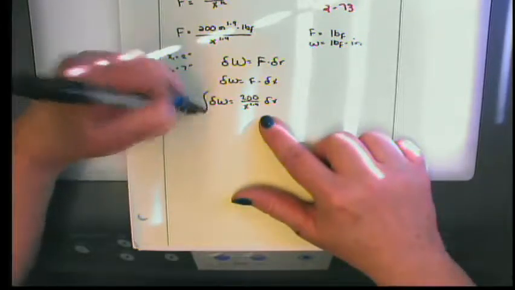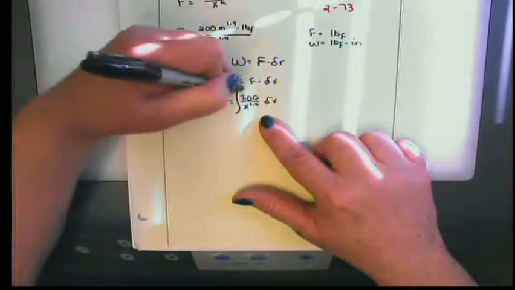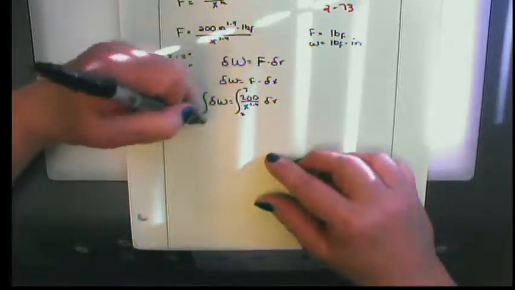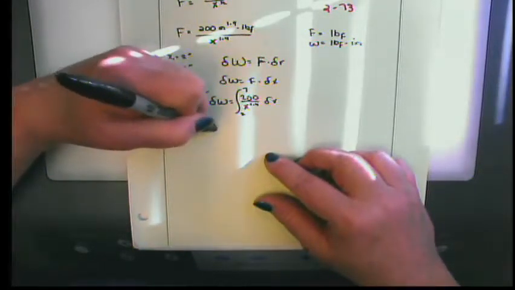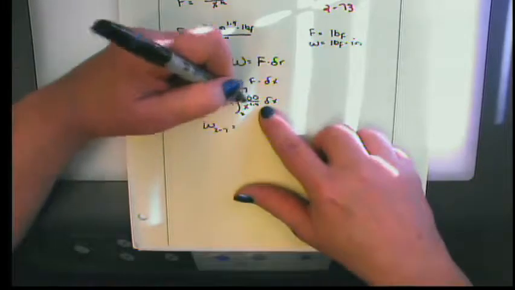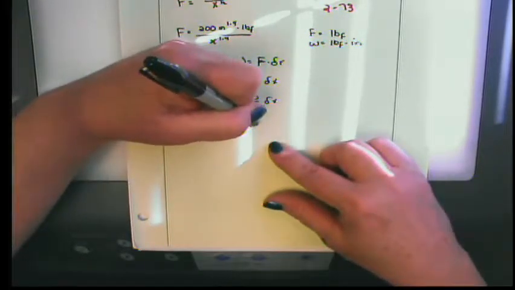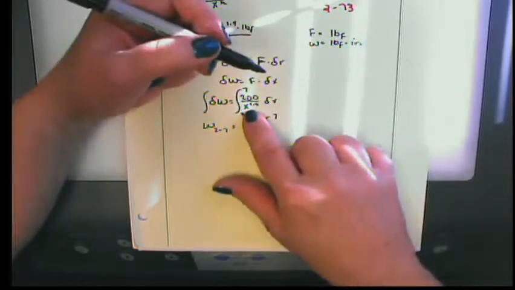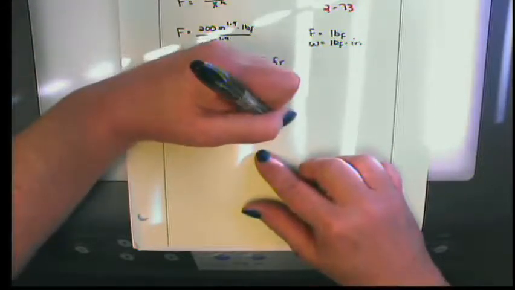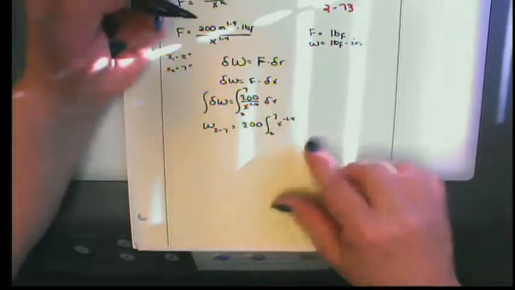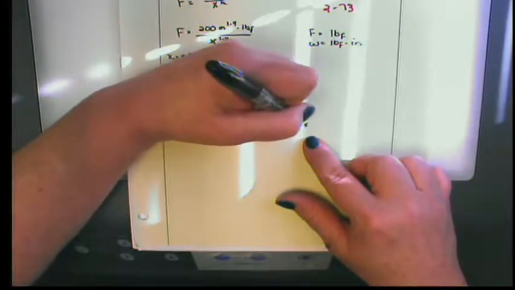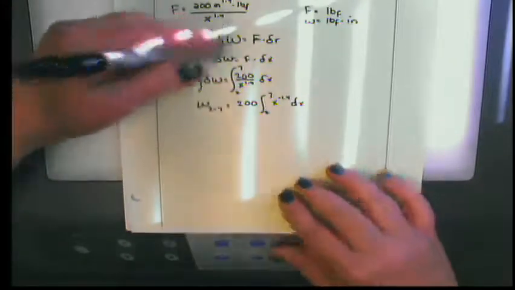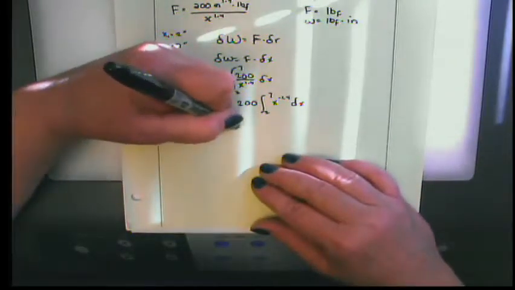Now if I integrate this between 7 and 2, or take the antiderivative if you prefer, we can see then that the work done from 2 to 7 inches is going to be, I'm going to pull the 200 outside, the integral from 2 to 7, and since this is in the denominator, that's actually x to the minus 1.4 dx, or del x. This just indicates that it's an inexact differential, but the work is exactly the same.